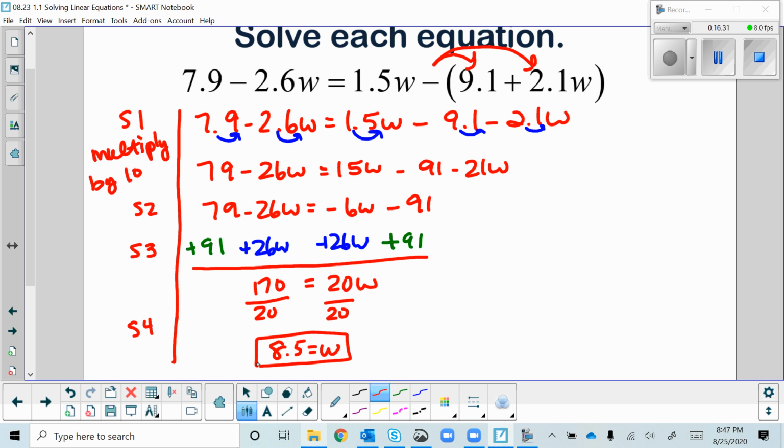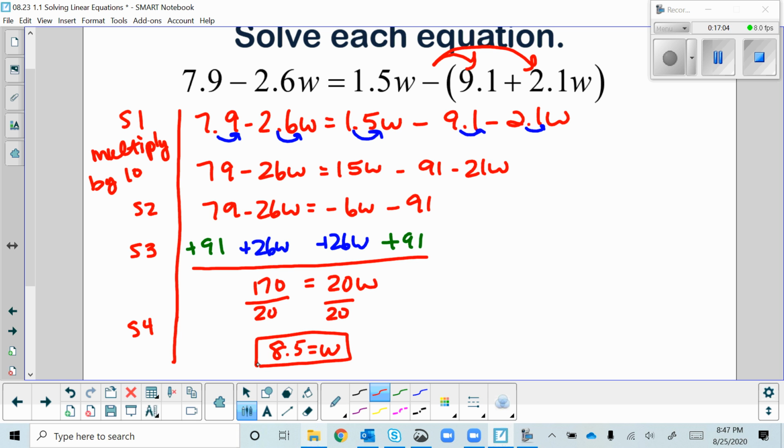Some other ways you could have performed this problem is multiply everything by 10 before you even started. That is a little bit tricky when you get to the parentheses because you would have to know to distribute the 10 inside the parentheses. You could also have combined like terms in step 1 before you multiplied by 10.